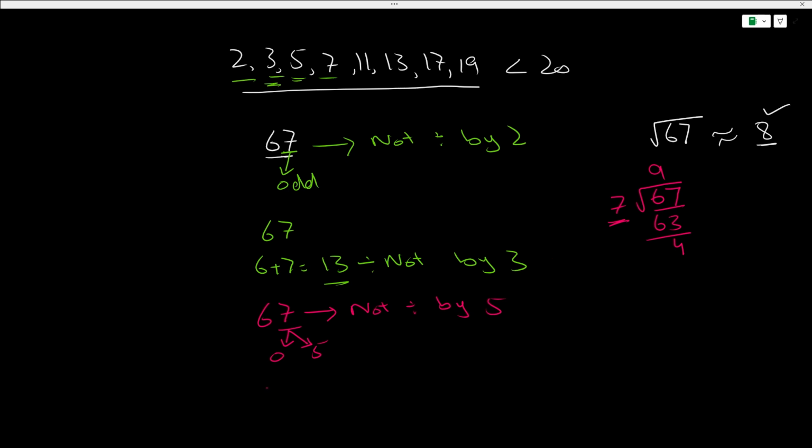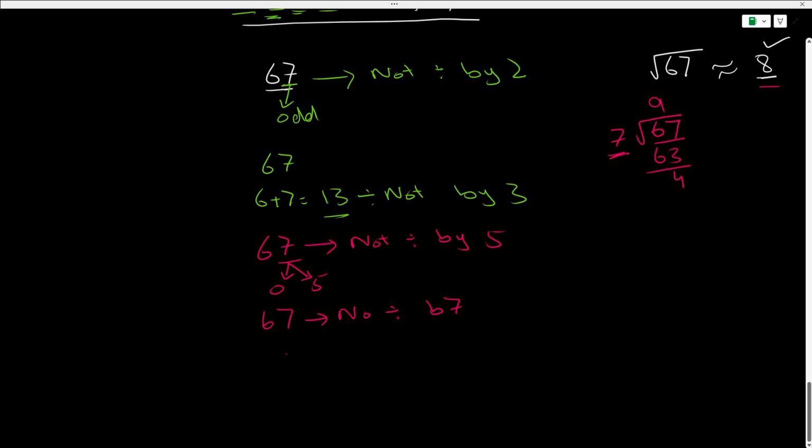So we say 67 is not divisible by 7 as well. All the prime numbers less than 8 cannot divide 67. So we can conclude now 67 is a prime number.